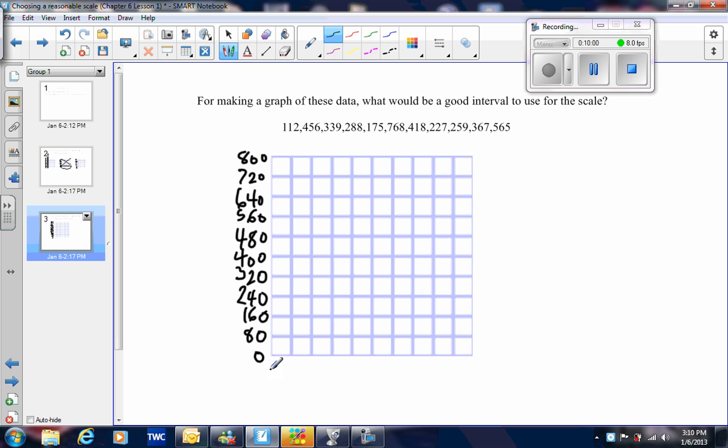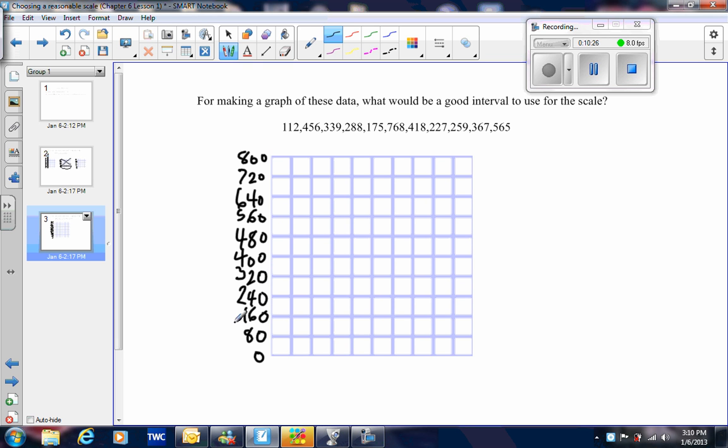All right, so this is how I would label my scale. This is the interval I would use if I was going to graph this data. One mistake I didn't talk about yet, but one mistake many kids will make is they'll label these lines for the pieces of data. They'll put 112 on this line, and then 227 on this line, and then 288 on this line, and so on.